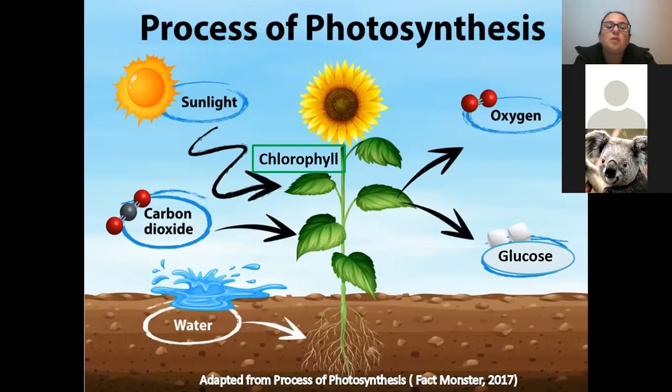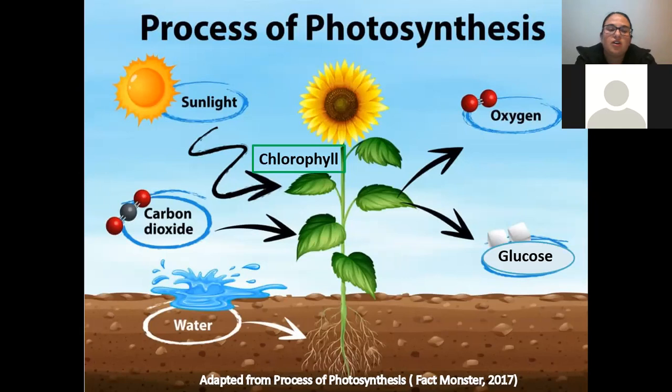So the chlorophyll helps to absorb the sunlight, which then takes your two reactants or requirements, which are carbon dioxide and water. It then converts those molecules into glucose and produces oxygen as a byproduct. As a nice summary, you can use this sort of diagram.